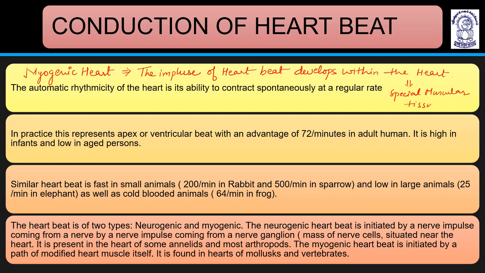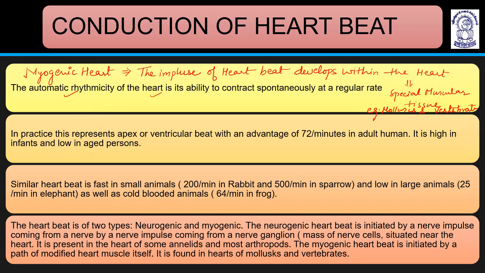Examples of myogenic hearts are those of molluscans and vertebrates. The other type is the neurogenic heart, in which the impulse of the heartbeat comes from outside the heart, generated by the nervous system. Examples: arthropods and annelids.